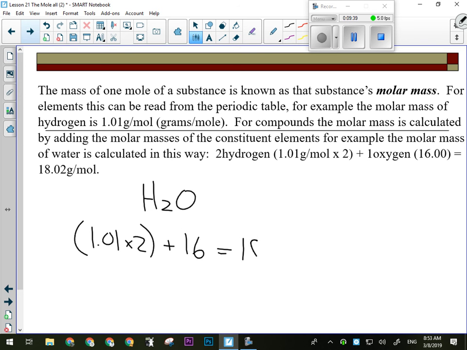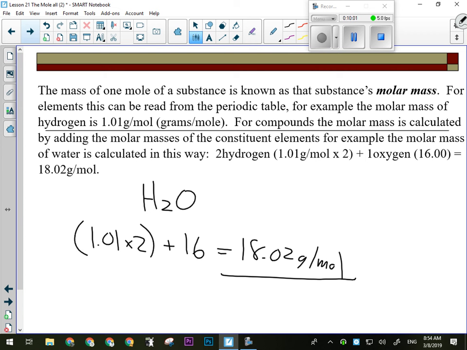So I find out that the molar mass of water is 18.02 grams per mole. That means if I have 6.02 times 10 to the 23 water molecules, it will have a mass of 18 grams.